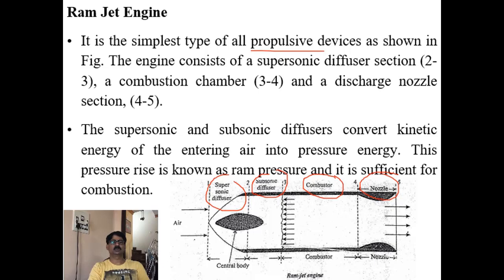The supersonic and subsonic diffusers convert kinetic energy of the entering air into pressure energy, because high velocity air entering the ramjet engine is converted to pressure energy by the supersonic diffuser and the subsonic diffuser. The pressure ratio is known as the ram pressure, so it should be sufficient enough for the combustion of the fuel.